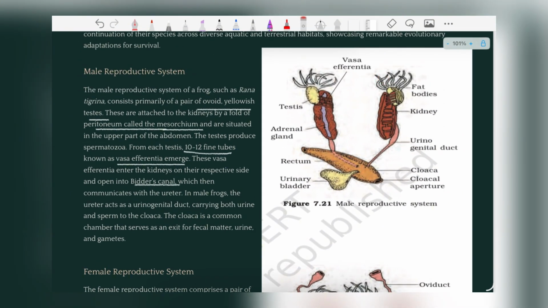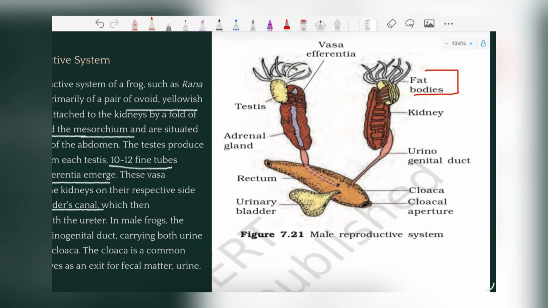As you can see over here, this is the testis. This is placed in the fold of kidney peritoneum called the mesorchium. The fold is called the mesorchium. These are the fat bodies. The diagram often asks about these in NEET, that name the label, the diagram.